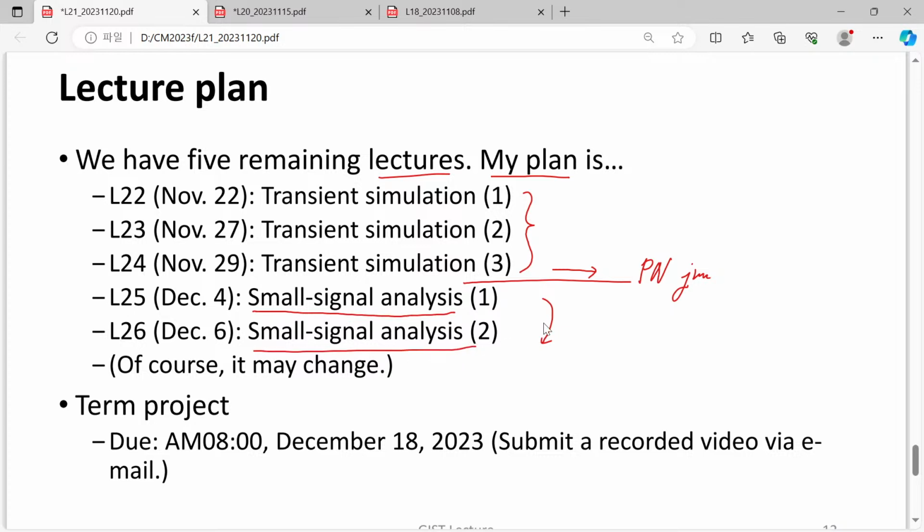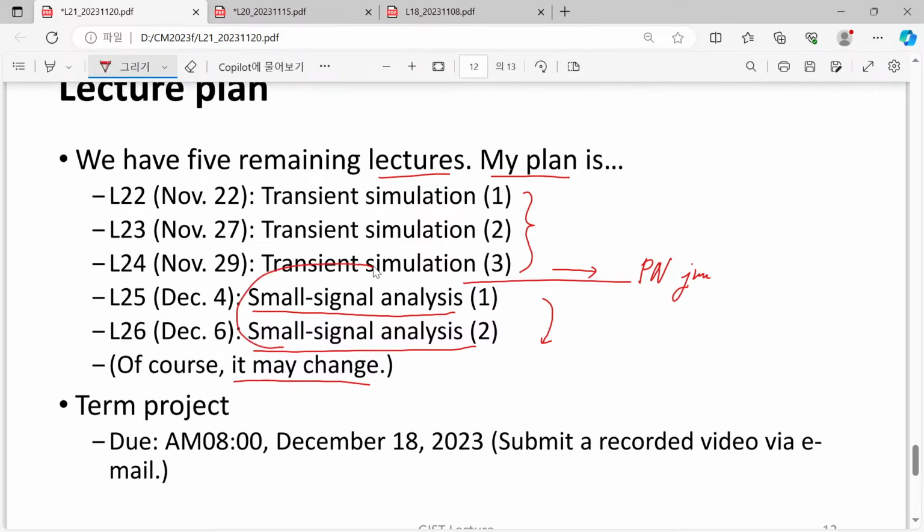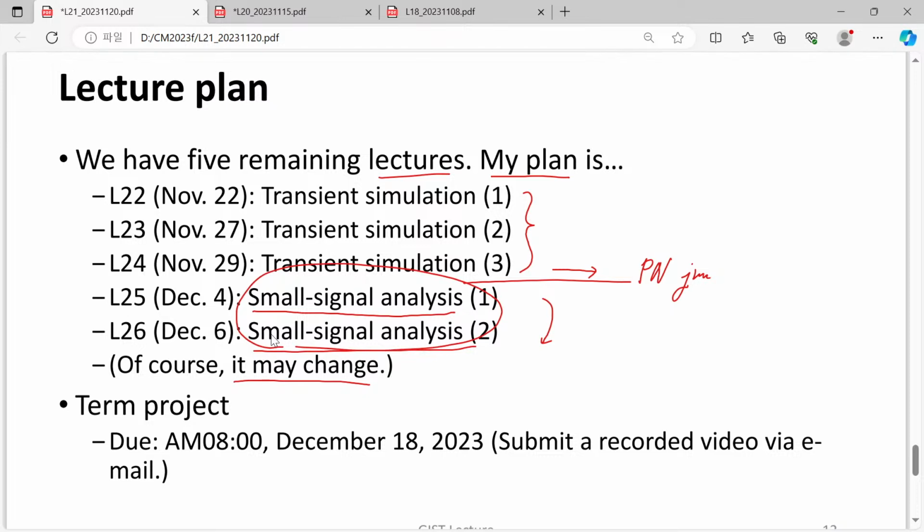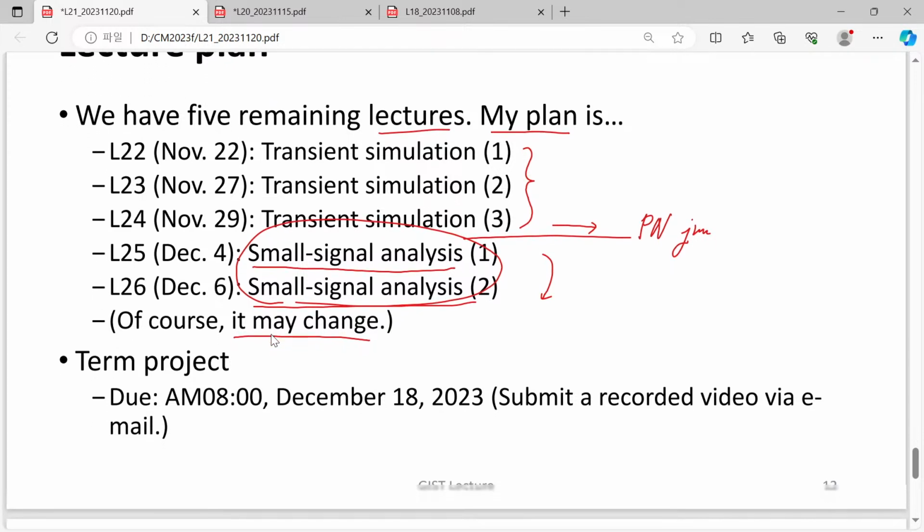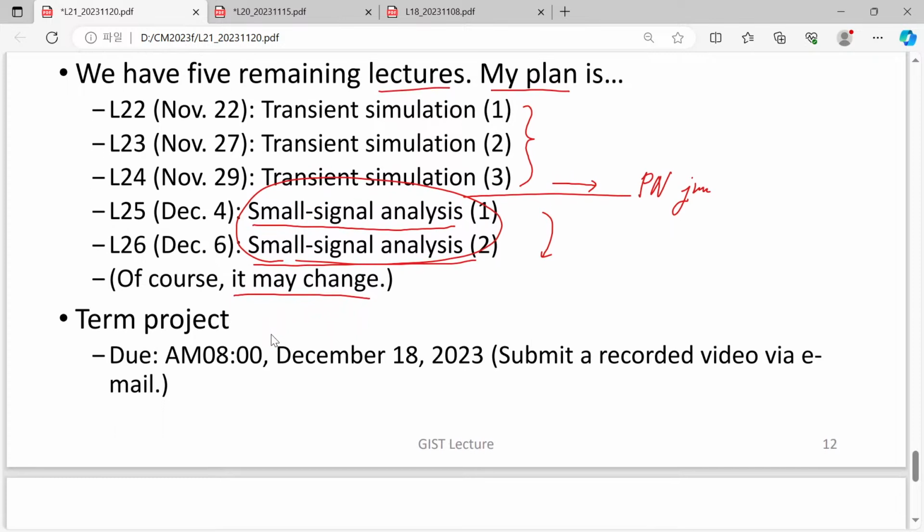That's the reason why I spend our last 2 lecture hours on this important topic. Of course, depending on the lecture progress, it may change, but I hope that we can cover this important topic in this semester. And my final announcement is the term project.